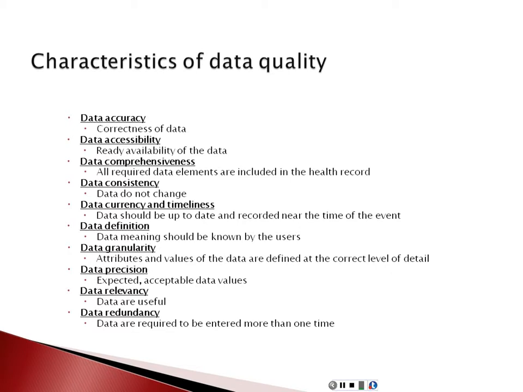We want to make sure that we're not constantly entering the same data over and over again, and if we do, that's known as data redundancy. So those are the characteristics, or how we can measure if the data that we gather and that we keep are actually of quality.